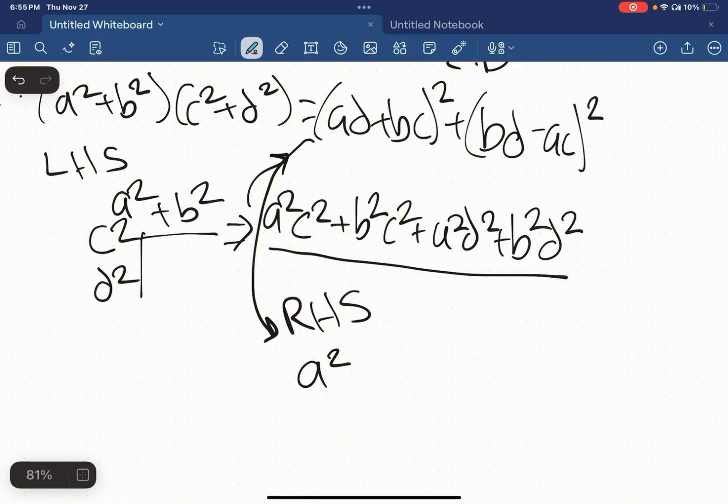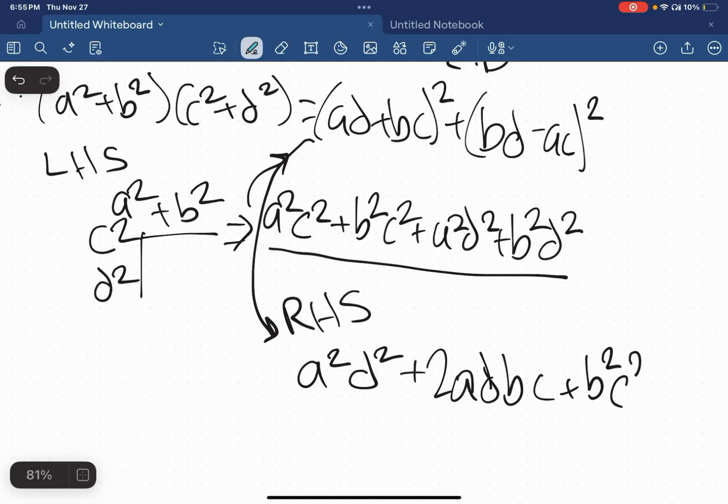If you remember our rules, that's going to equal that plus 2 ADBC plus b squared c squared.